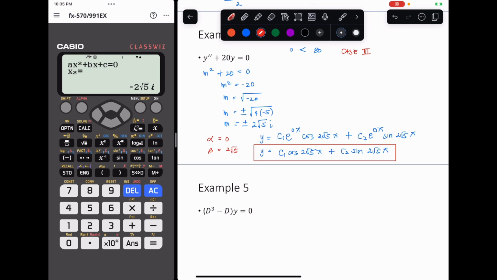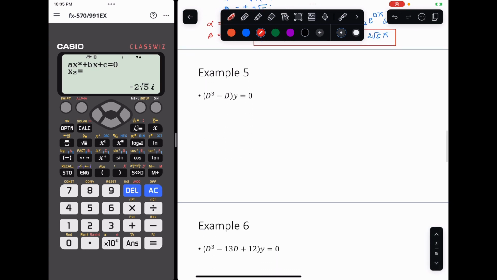Okay, so another example, using prime notation. That only means the power corresponds to the derivative. So this is just the third derivative of y minus the first derivative of y.